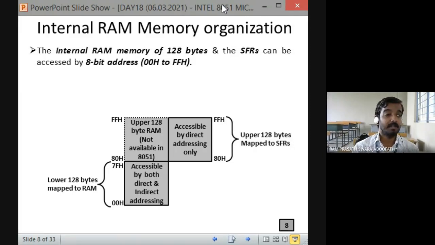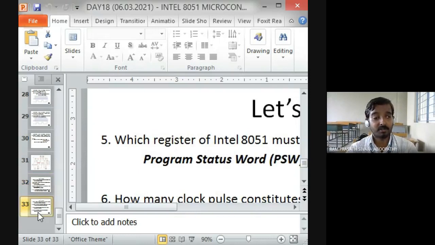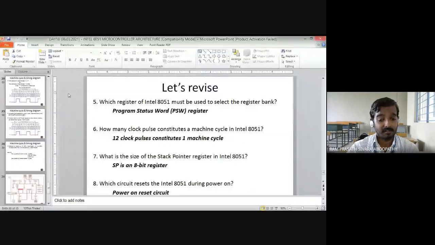SFR can be accessed by an 8-bit address. Here it is 82FF. Sorry, it's not. Wait a minute.